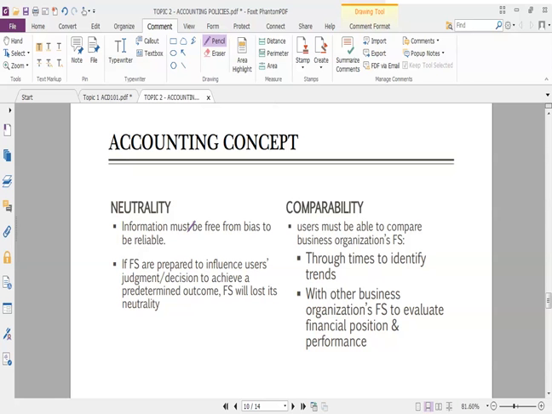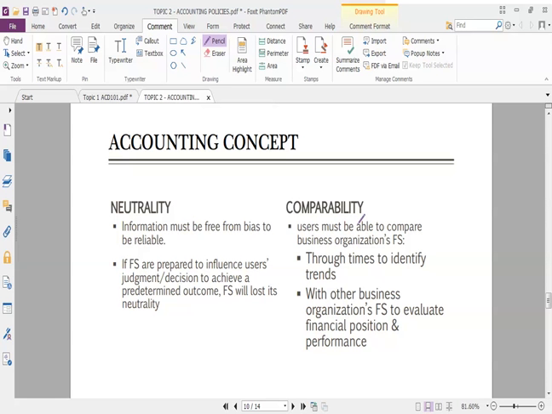As an accountant, you need to follow the accounting concept, that is neutrality, so that the financial statement you are preparing truly reflects the true condition of the business. That is neutrality.